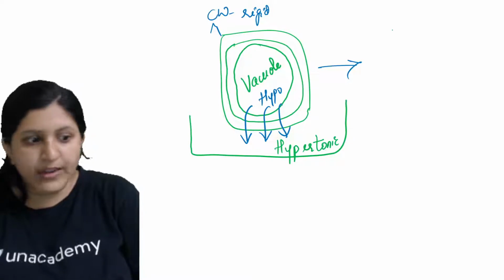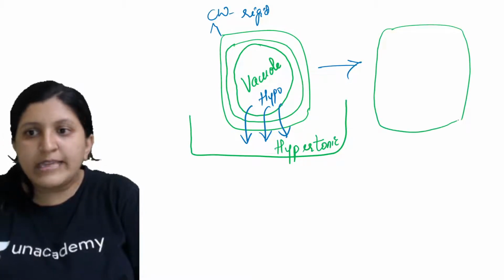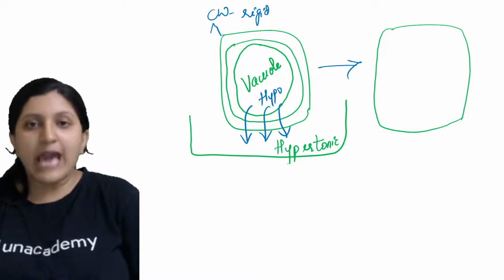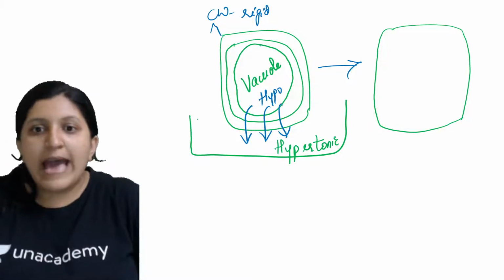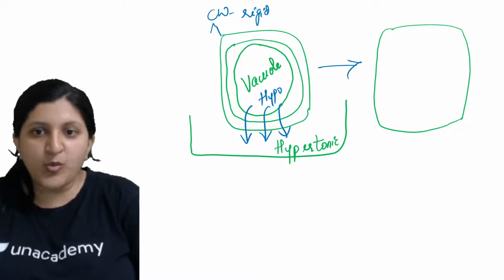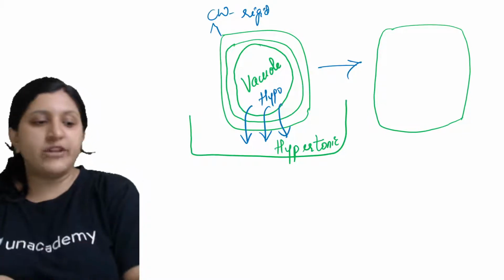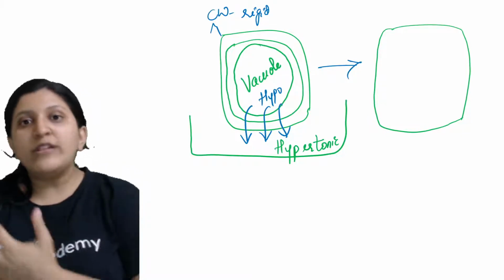So let me just draw here. Now this is a plant cell as usual. After it is being kept in the hypertonic solution, the water has started to move out, because there is hypo to hyper movement. From the cytoplasm the water will move out, and from the vacuole the water will move out.